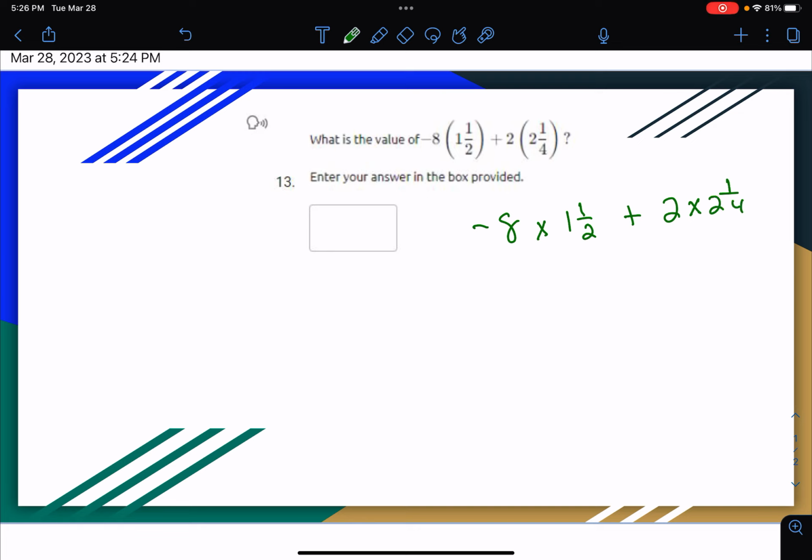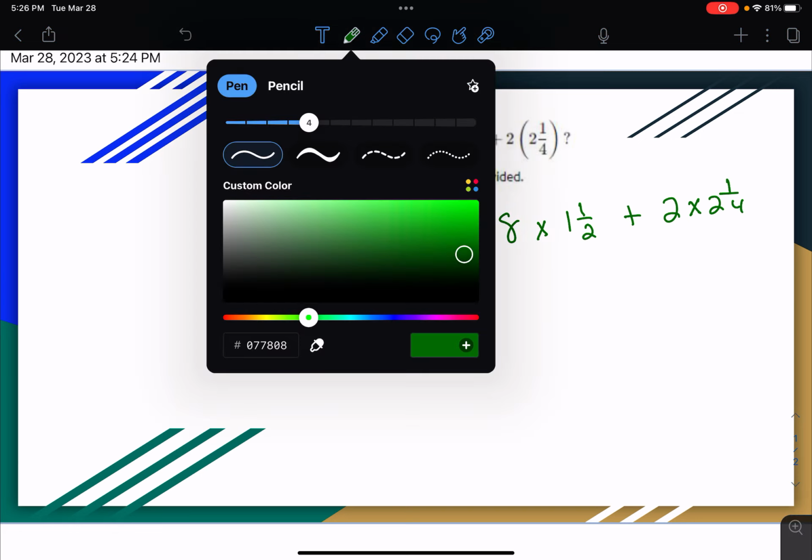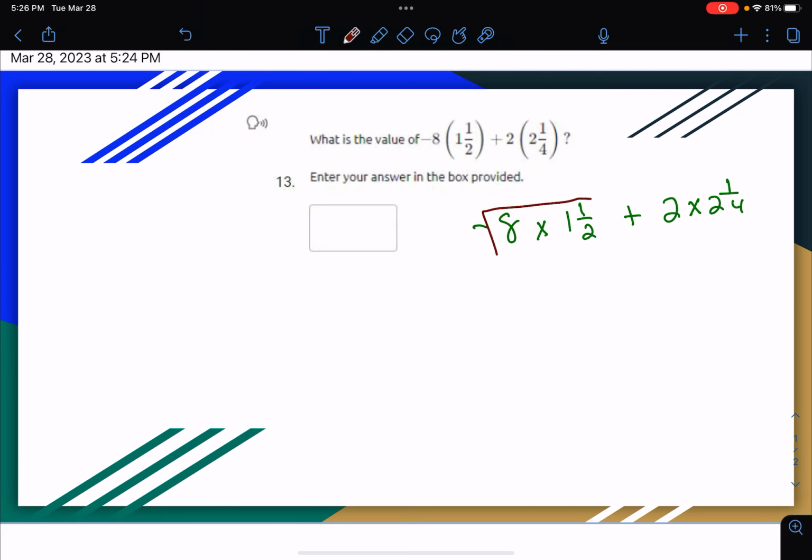All right. So I am going to start with the first part here, and I have to keep my negative. In order to be able to multiply these, I first have to turn my -8 into a fraction.